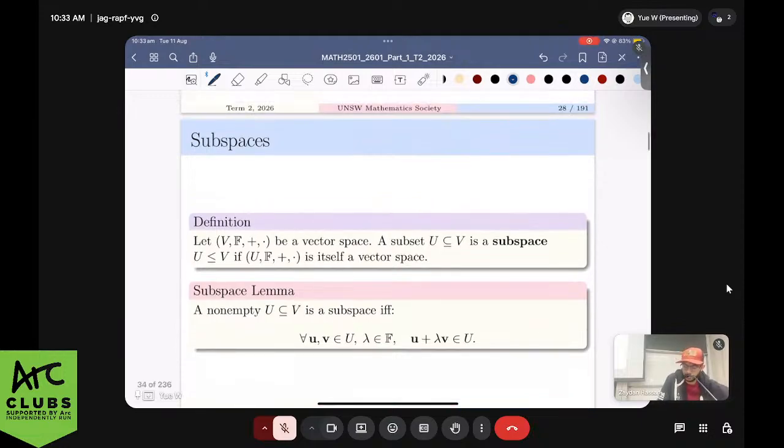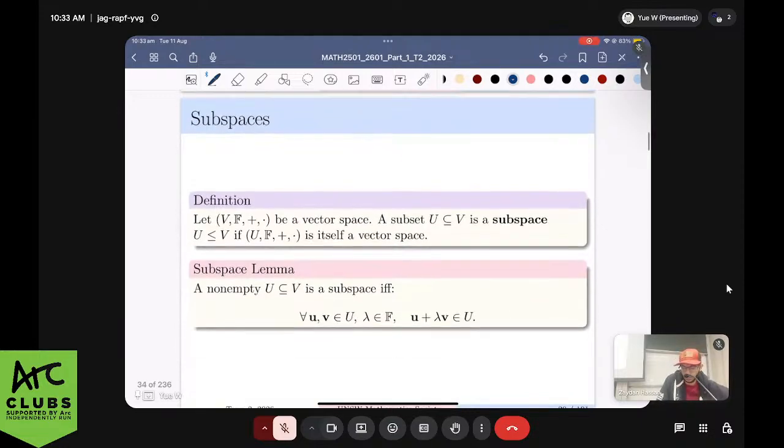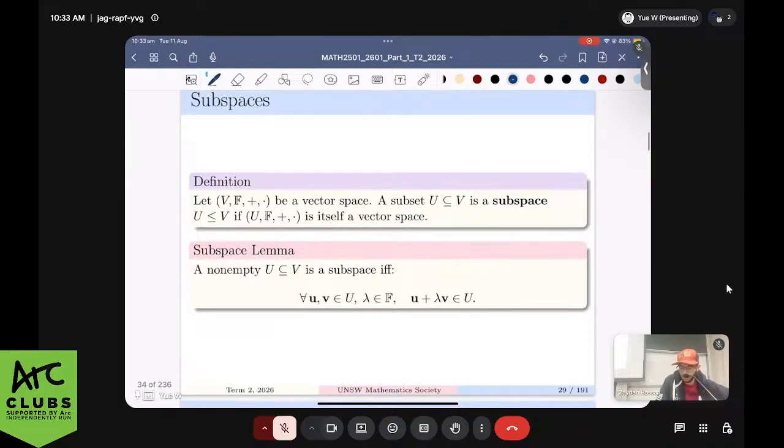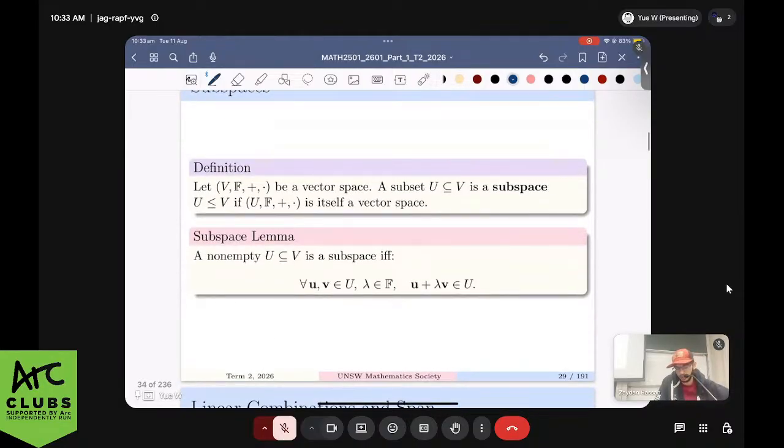So subspaces. A subspace is a subset of the vector space which is also a vector space. And the subspace lemma is, if you want to prove something's a subspace of V, you don't need to prove it's a vector space directly. That takes too much time. You just show it's non-empty. The best way to show non-empty is usually that it contains the 0 vector.